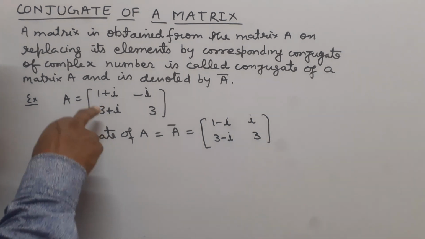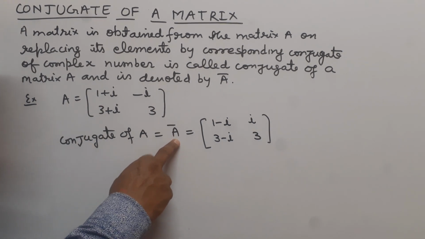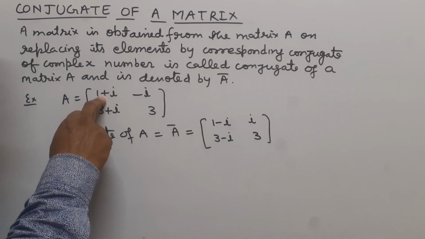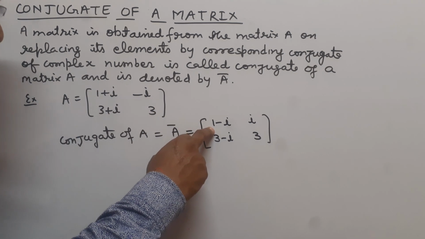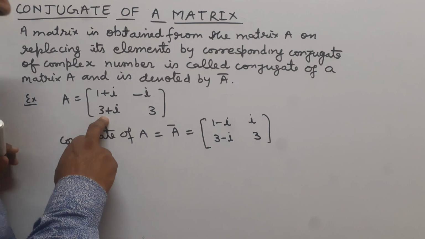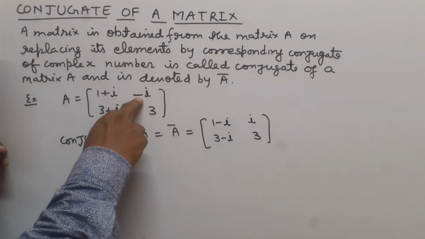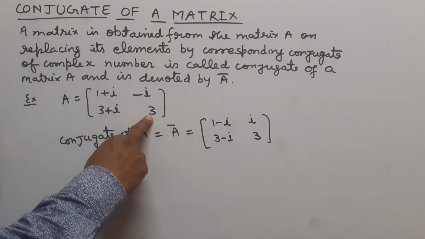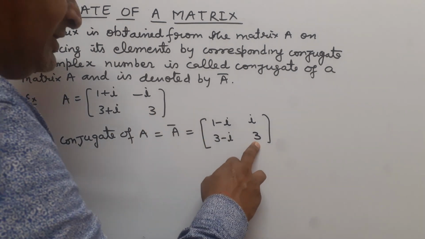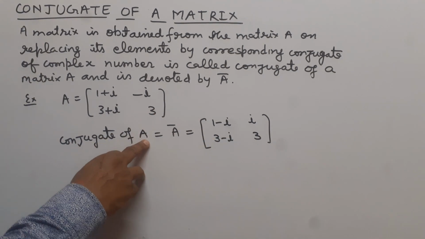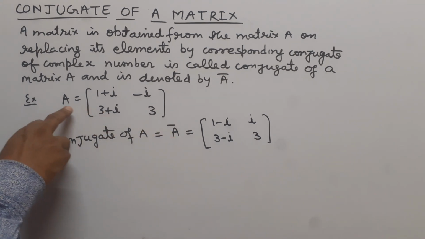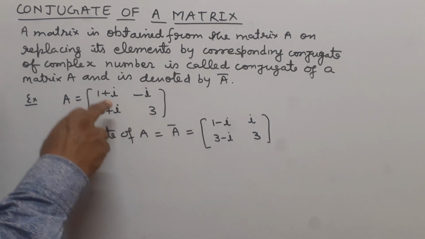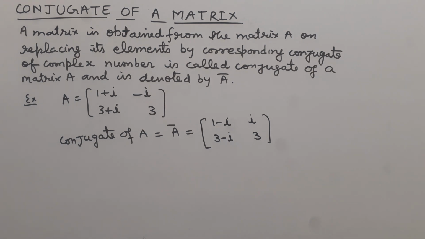You can see here that A bar is obtained from A when we replace 1 plus i by its conjugate 1 minus i, 3 plus i by 3 minus i, minus i by i, and the conjugate of 3 is 3.